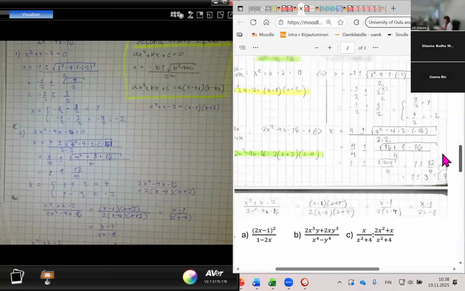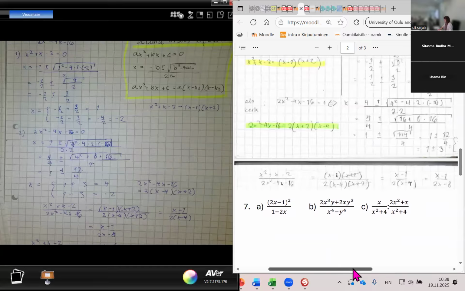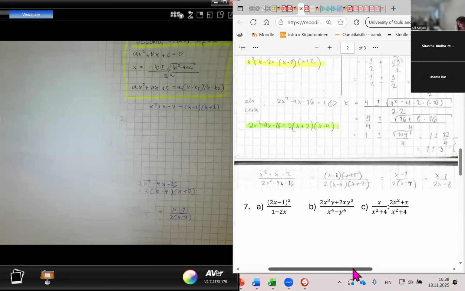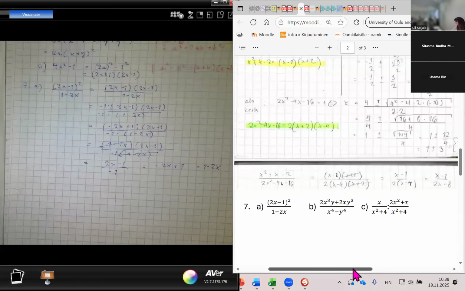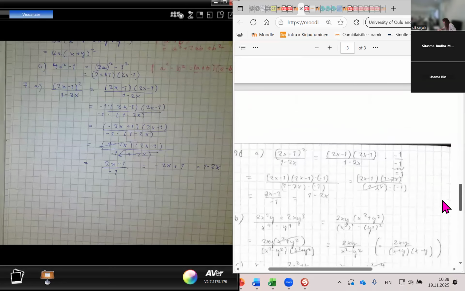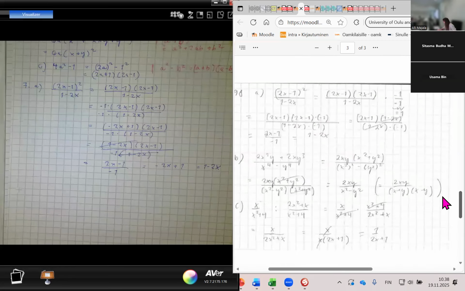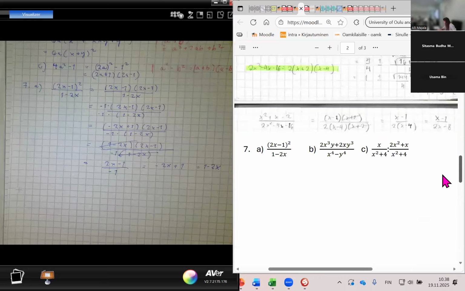Okay, I think we already calculated the 7A. Yes, we calculated 7A. Maybe I can do the B after. Here it doesn't look that bad because you can just take some common multipliers. Oh, no, yeah, these are pretty easy to do.